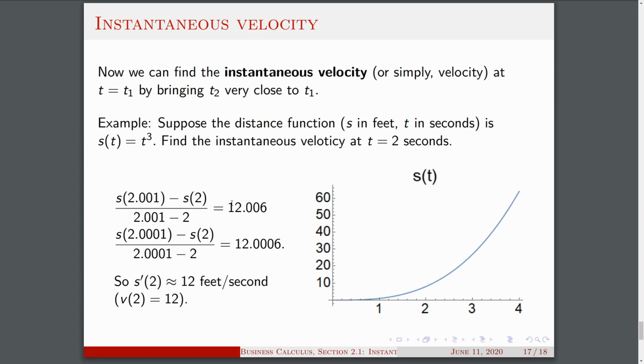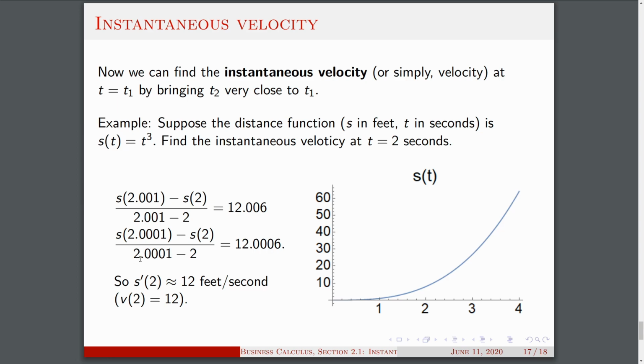And when I do that, when I make them closer and closer, I see that I get numbers, slopes, that are getting closer and closer to 12, aren't they? So you see that when t gets closer to 2, so it's 2.001, 2.00001.